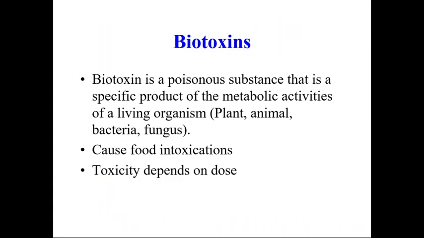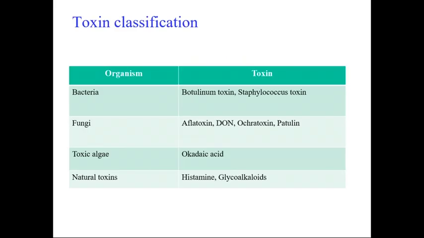Then you have some biotoxins. These biotoxins are poisonous substances that are actually produced by metabolic activities of living organisms, could be either plant, animal, bacteria, or fungus. They cause food intoxications, and the toxicity depends on the dose.